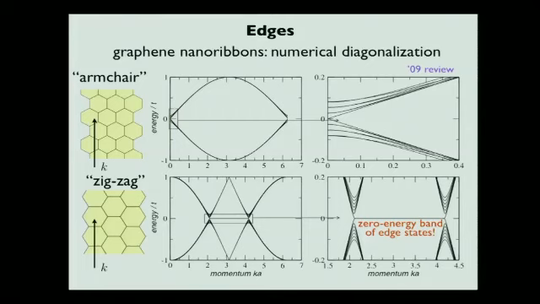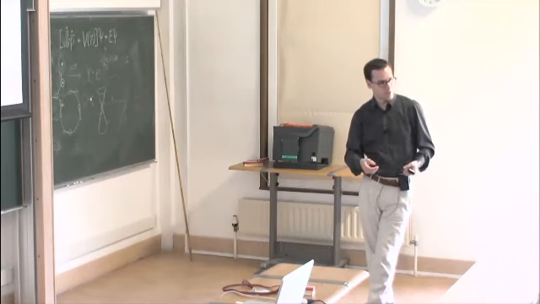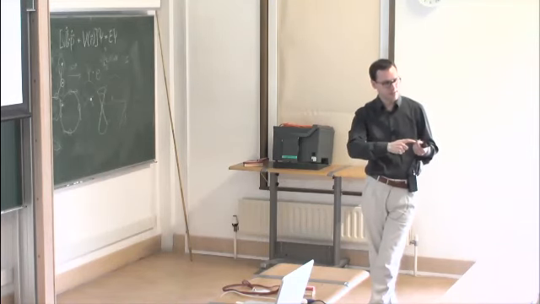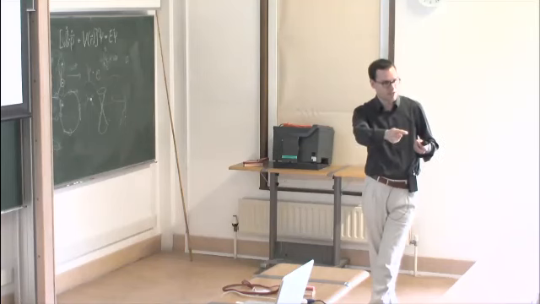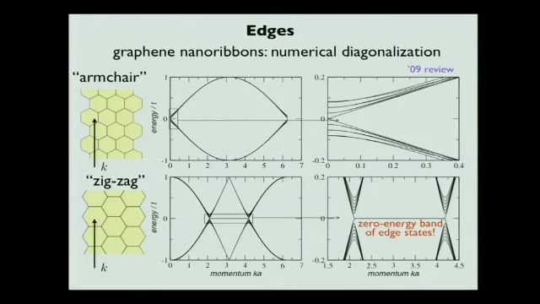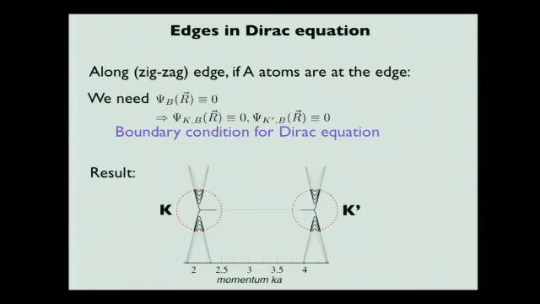And of course, now you could start thinking about more complicated geometries, where the boundary is more complicated, and then you alternate maybe between zigzag and armchair, and if the zigzag edge state regions are close enough together, you might have quantum tunneling between one zigzag edge state and the next adjacent zigzag edge state, because maybe the intervening region of armchair is short enough. Okay? So these are edge states in graphene. Now, all of what I've said up to now is really directly from the tight binding description.